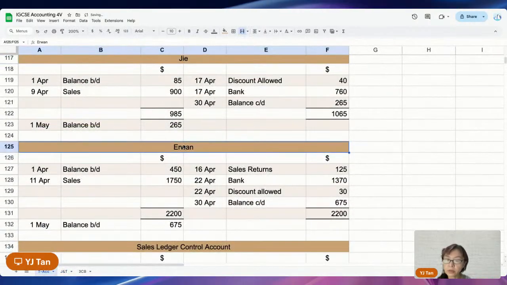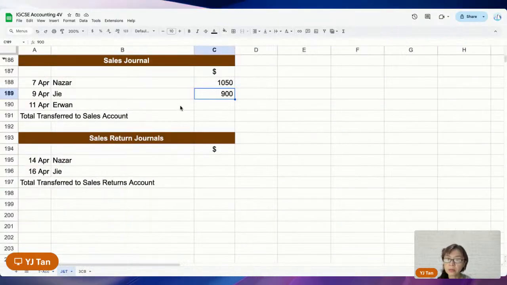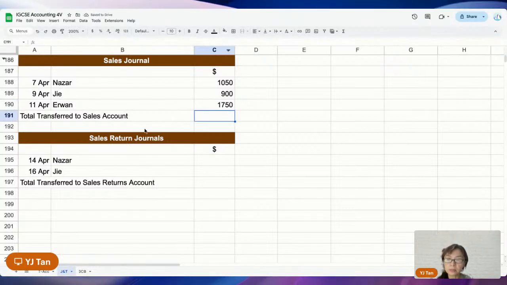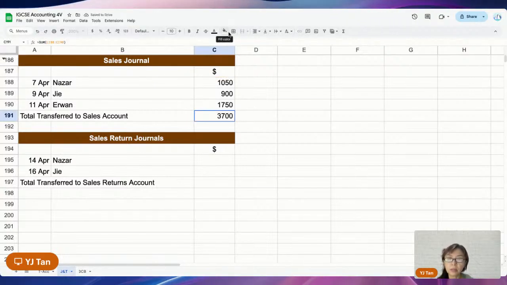This is Erwan, and the sales amount is 1750. So the total of it is 3700.